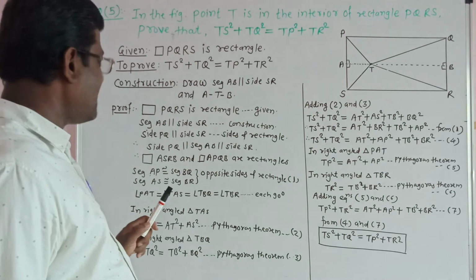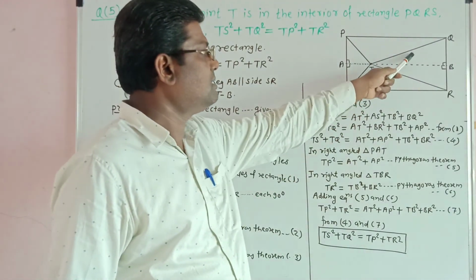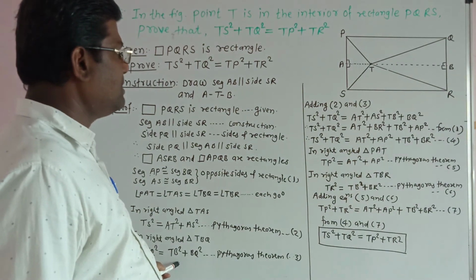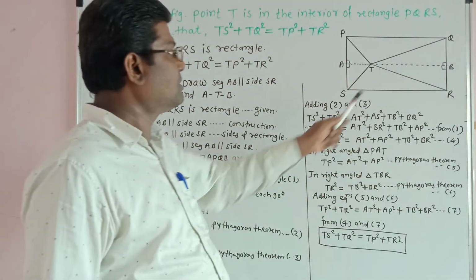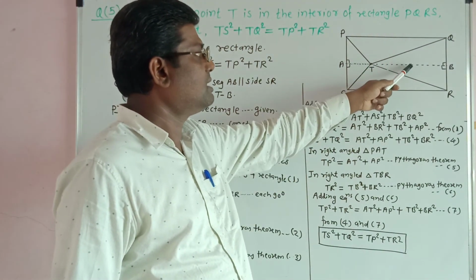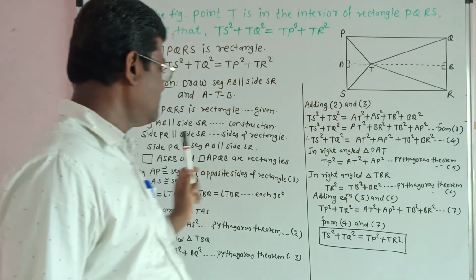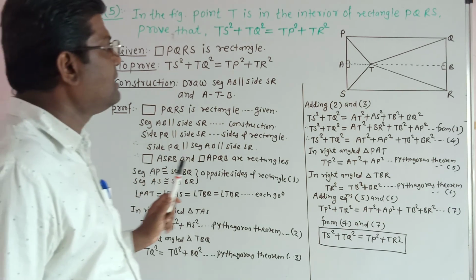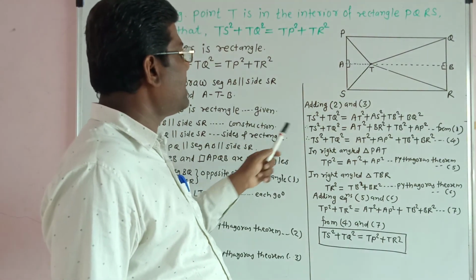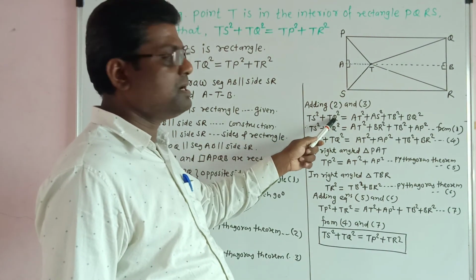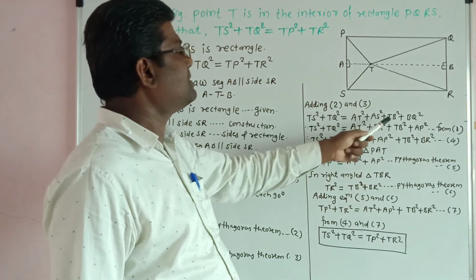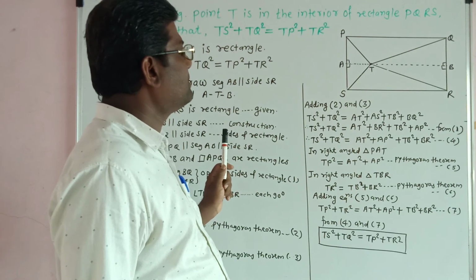And in right angled triangle TBQ, TQ square is equal to TB square plus BQ square. This is equation number 3. Now add equations 2 and 3. We get TS square plus TQ square is equal to AT square plus AS square plus TB square plus BQ square.